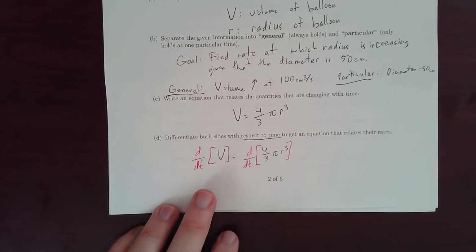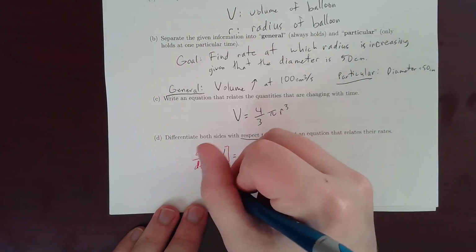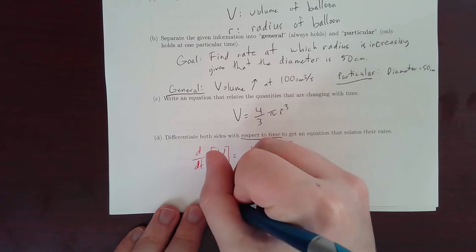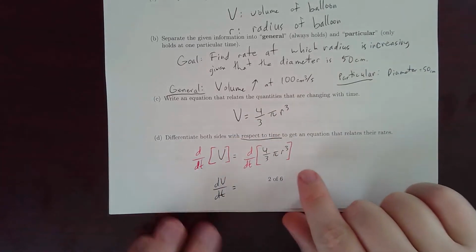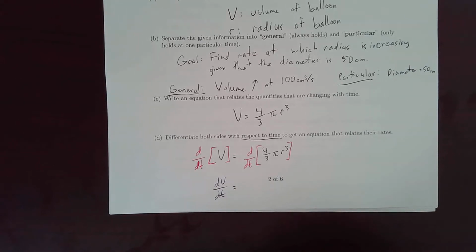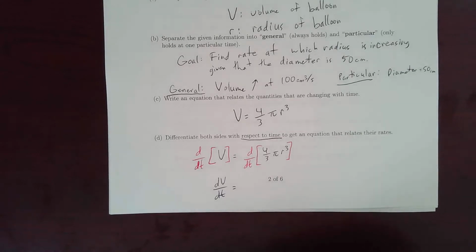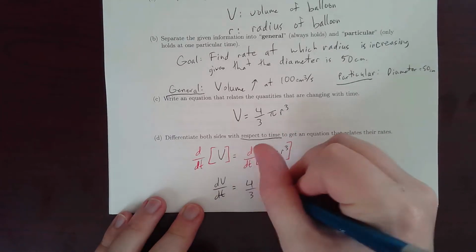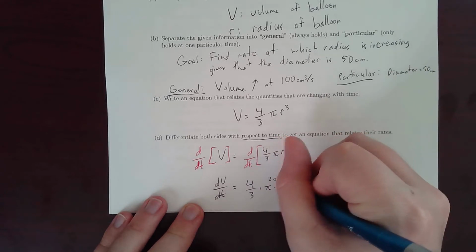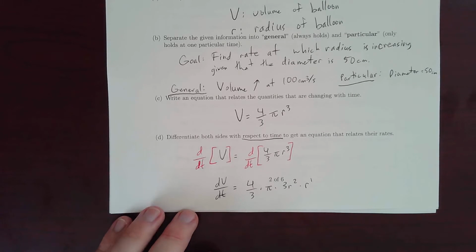Using the chain rule on the left, we'll get 1 times dV/dt, or just dV/dt. And using the chain rule on the right, what we'll end up getting is the derivative of this times dr/dt. So we'll get 4/3 times pi times 3r squared times r prime.